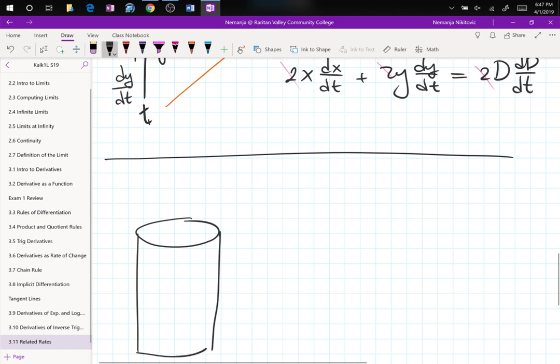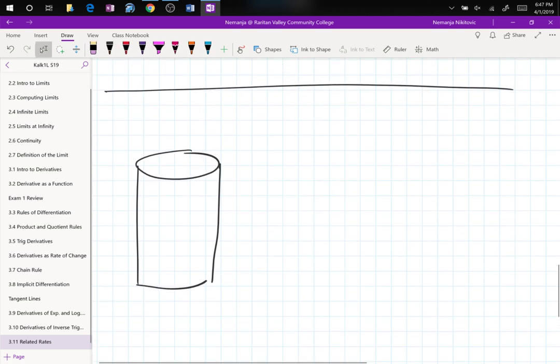So you have a soda can, which is a cylinder. You're going to have the place where you put a straw. Straw goes in, and then you drink. You take a sip. Now, what happened? No coffee.